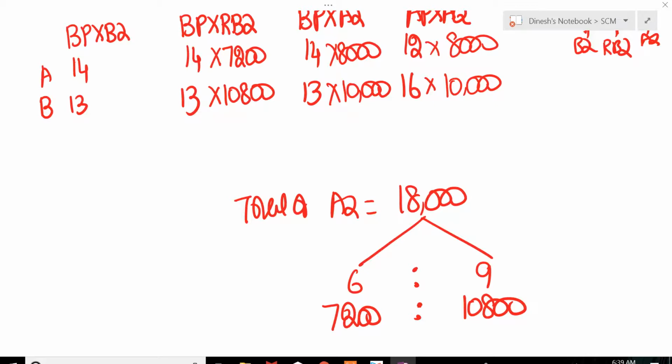Clear? Now, as far as sales variance is concerned, the BQ will be mostly readily available. For any other variance, you have to calculate SQ, SH and all. Here, no calculation. This will be into 6,000 and 9,000.